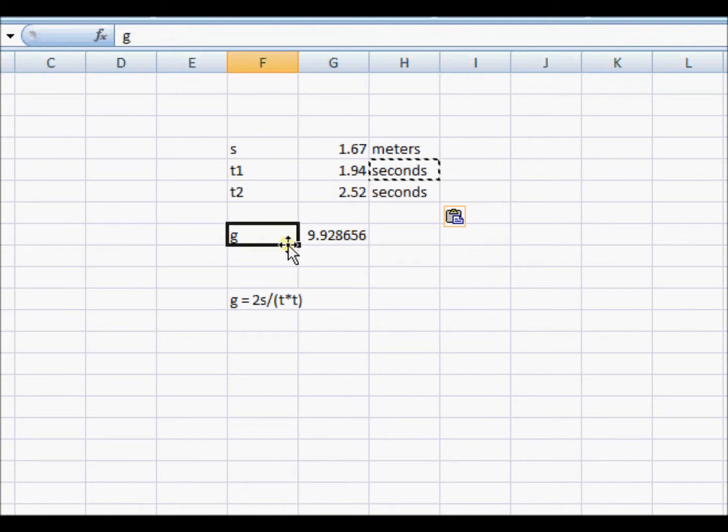Then we calculate the value of g as 2S, where S is in G4, divided by T square, which is the difference in time, G6 minus G5, into G6 minus G5, both in the denominator. Once I do that, I get the value of g as 9.92 meter per second square.